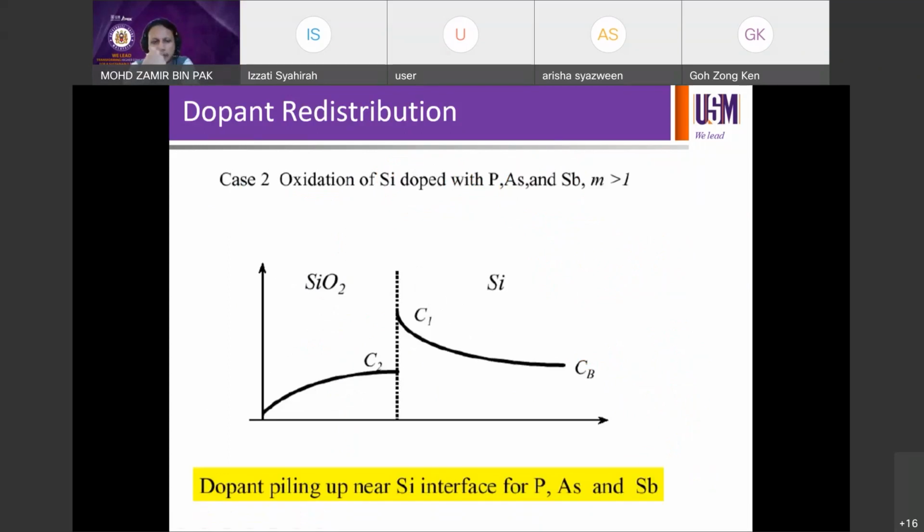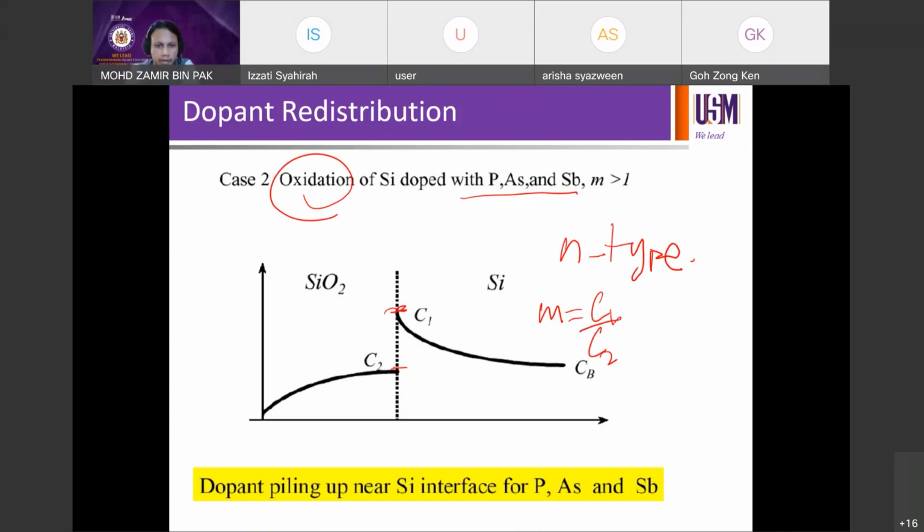So let's look at another case, case number 2. Oxidation of silicon doped with phosphorus, so N-type silicon. Then we run oxidation, and you look again at C1 over C2.